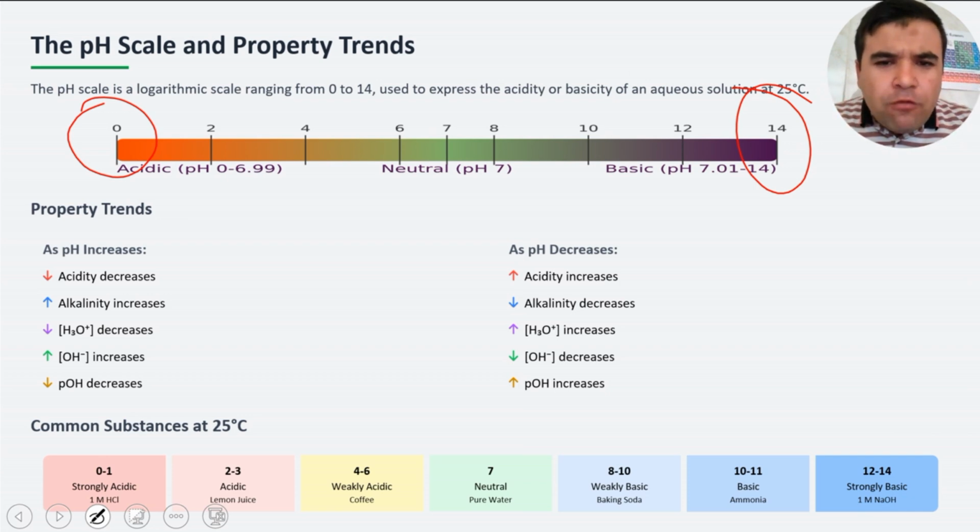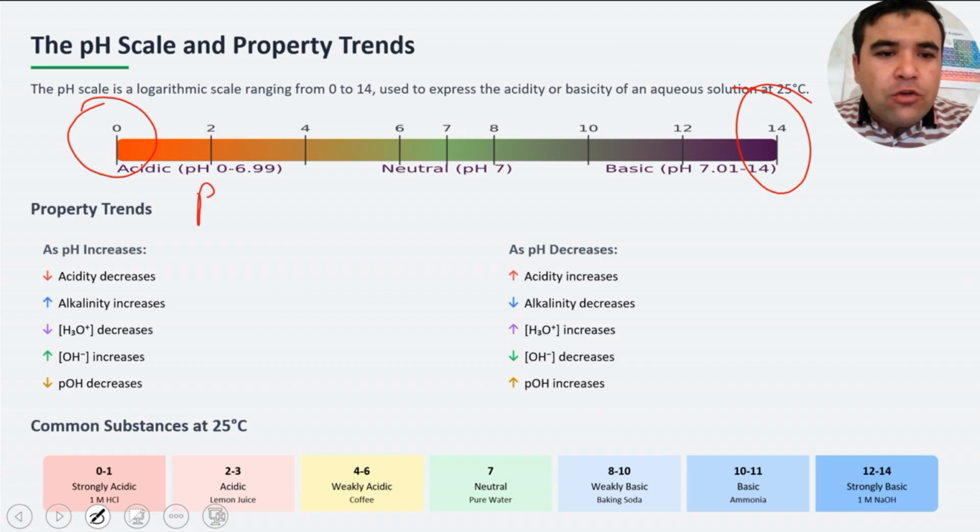Dealing with those values is a little bit confusing. Instead, scientists have created an easier scale to measure the acidity and alkalinity, which we call the pH scale. Guys, pH refers to the power of hydrogen.